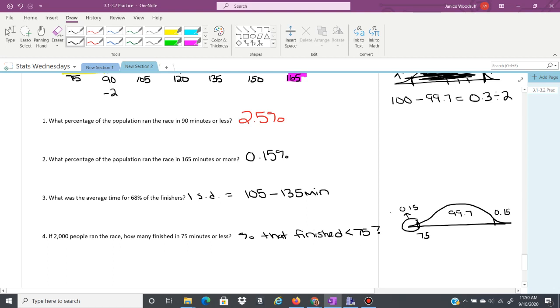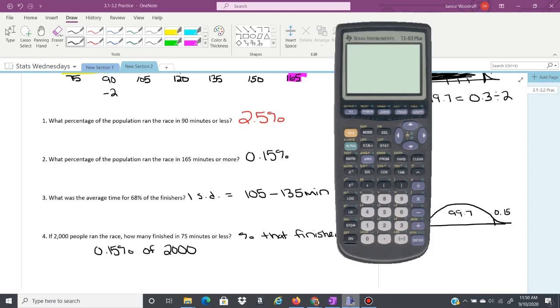So we're just looking at this little curve, this little part here. So 0.15% of 2,000 people. Okay, so 0.15% would be 0.0015, because remember you take that, divide by 100, then multiply by 2,000. So 3 people.